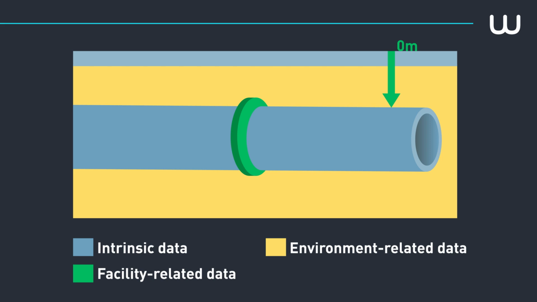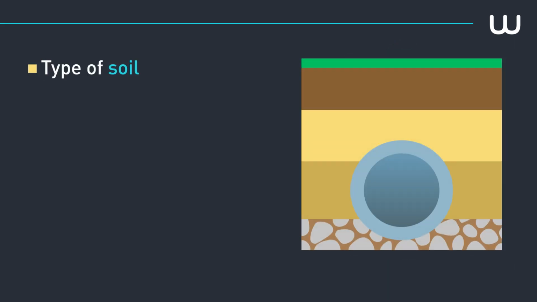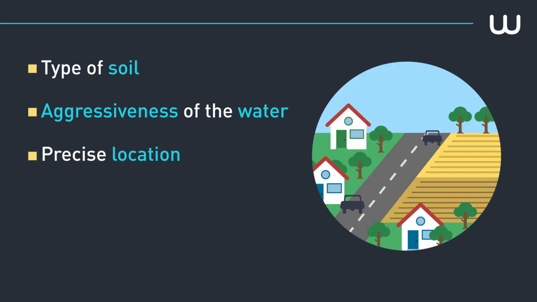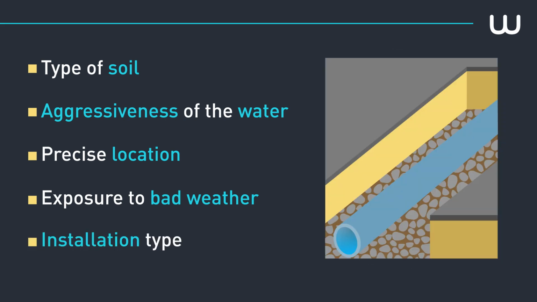Lastly, it is also useful to include environmental-related data, such as the type of soil and its aggressiveness, the aggressiveness of the water flowing through the pipelines, i.e., its capacity to corrode metals, the precise location. In other words, if a pipeline is located under a roadway, a field, a pavement, exposure to bad weather, the installation type. In other words, if the pipeline is laid directly on the ground, on a bed of sand, or on other materials taken to the site.